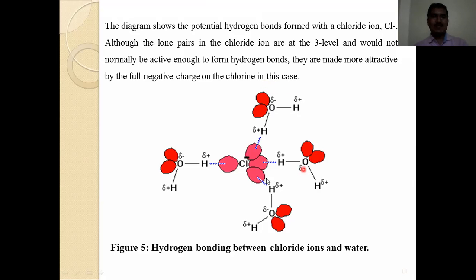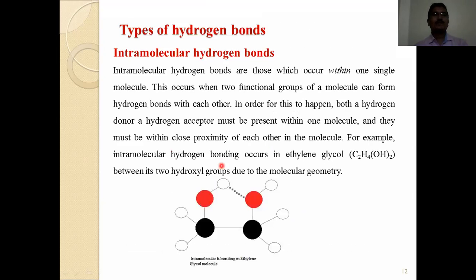In this case, we can see four water molecules. The center is chlorine. Chlorine is electronegative and it is bonded to the four hydrogen atoms. Then we get hydrogen bonding. Here the dotted blue lines are drawn. That means hydrogen bonding is present between water and chloride ions.